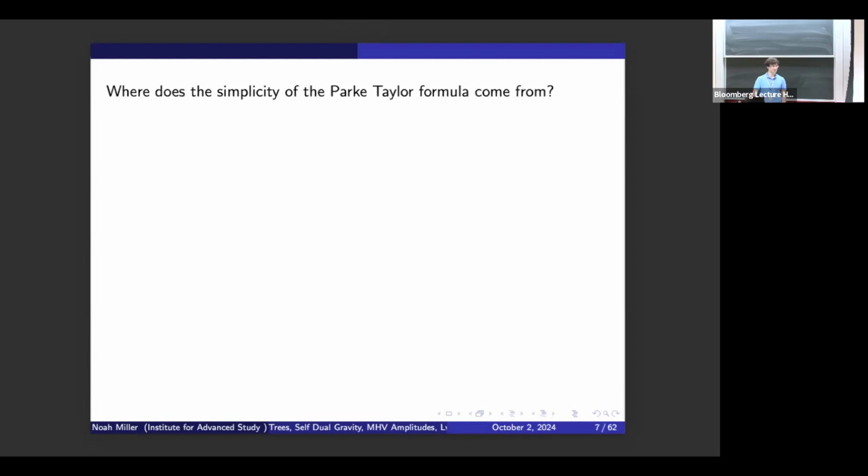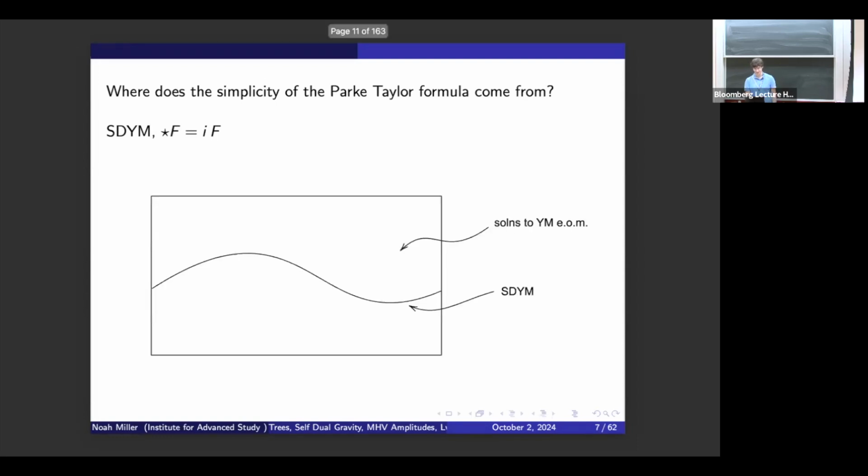So where does the simplicity of the Parke-Taylor formula come from? Well, you can really see it as coming from the existence of self-dual Yang-Mills. So if we have the curvature 2-form for Yang-Mills, and it's self-dual, meaning the Hodge star of it is i times itself, such solutions are a subset of solutions to the classical Yang-Mills equations of motion.